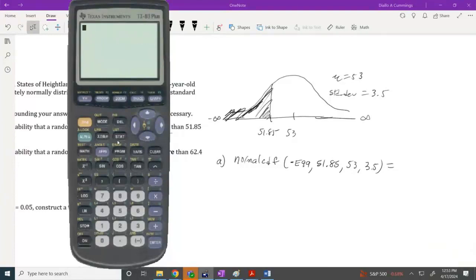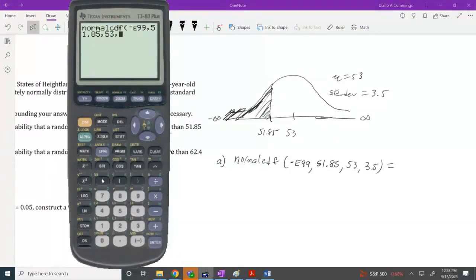So I'm going to recall that normal CDF. I'm going to go back into distribution. Okay, normal CDF, -e to the 99, comma 51.85. Those are my lower and upper limits.